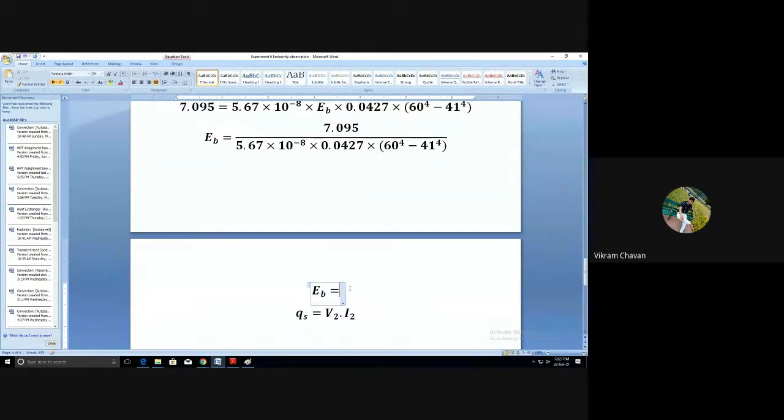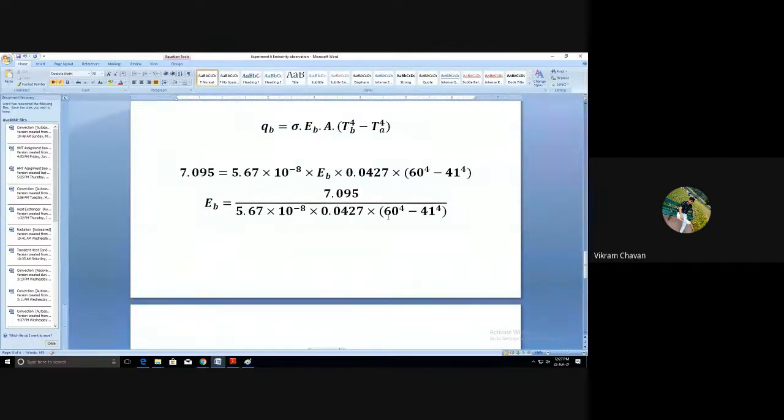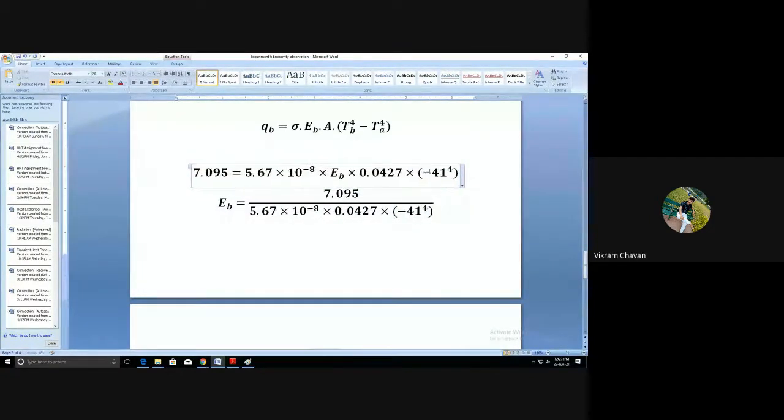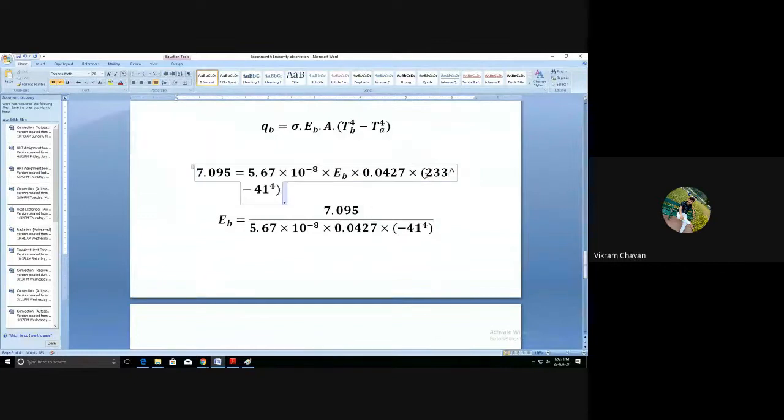Oh, sorry, one mistake from my side. Actually, we have to take the temperature in Kelvin. You should have suggested that to me. I made a mistake. So 60 plus 273, how much is it? 333, raised to 4.